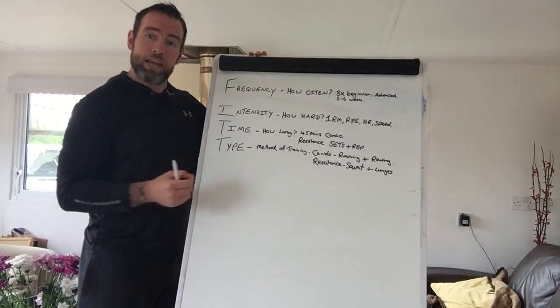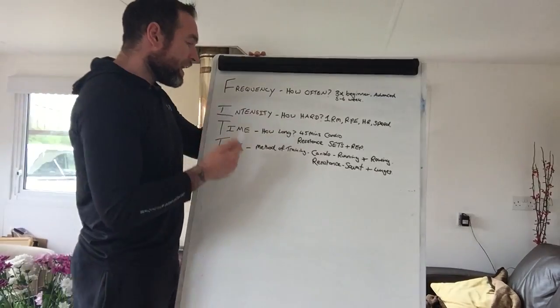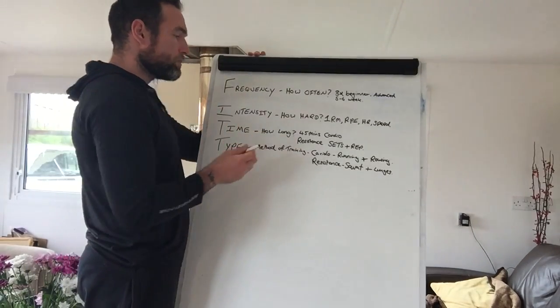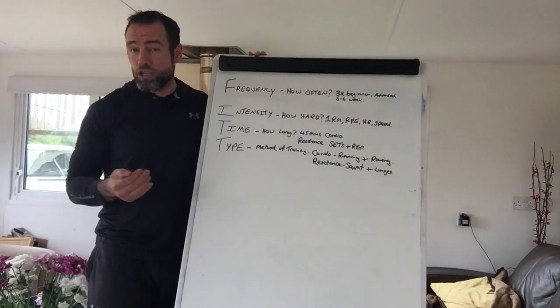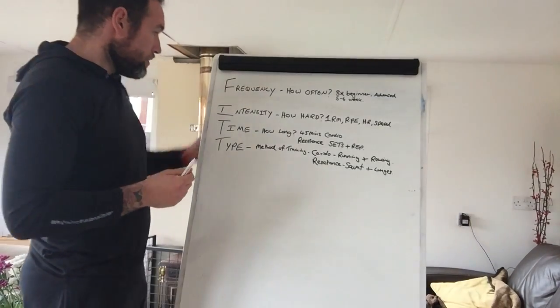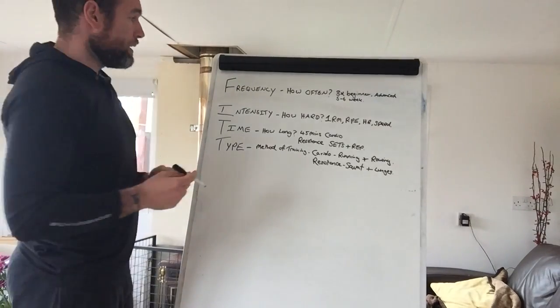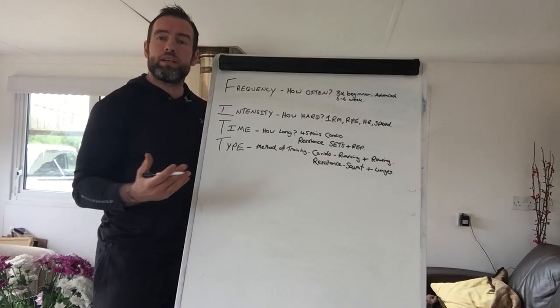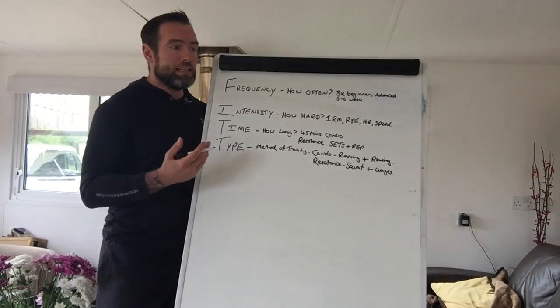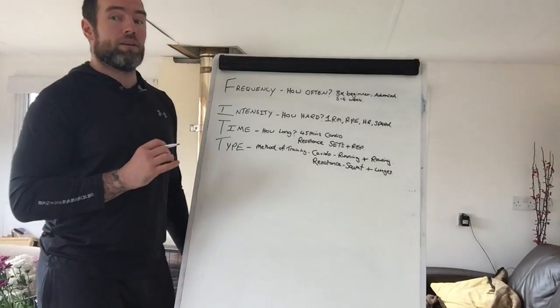Are we going to time the session? Are we going to use sets or reps? And the type. Okay, so the type of training, are we going to use cardio? Are we going to use resistance? Are we going to use machines? Okay, so just to give you an example, if I'm doing a strength plan for a client, I would be looking for at least 1 to 2 sessions a week per body part.